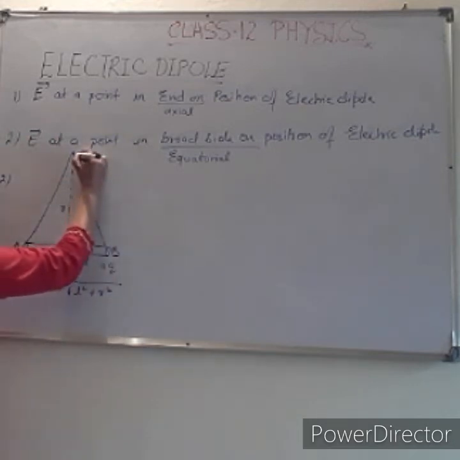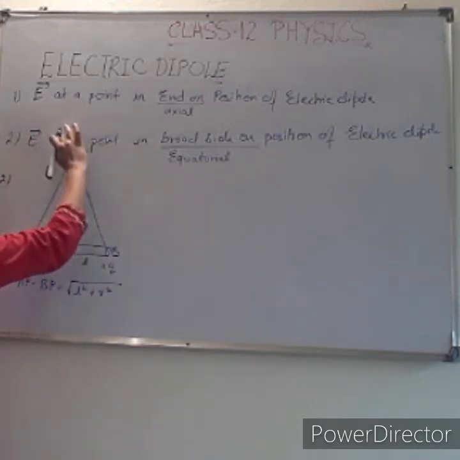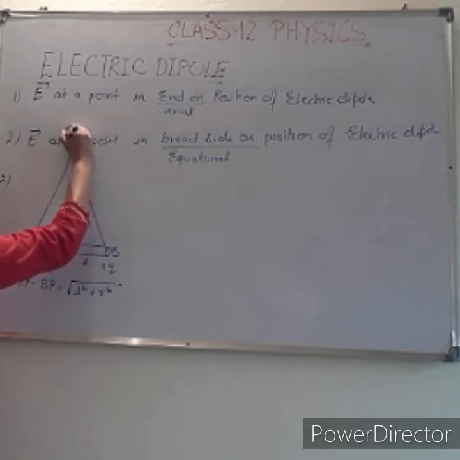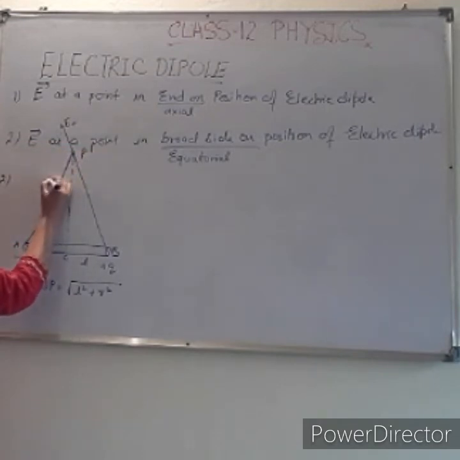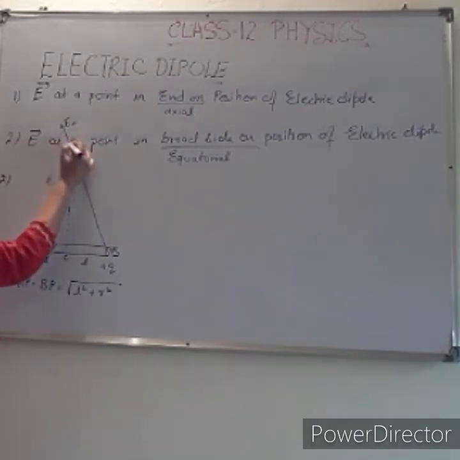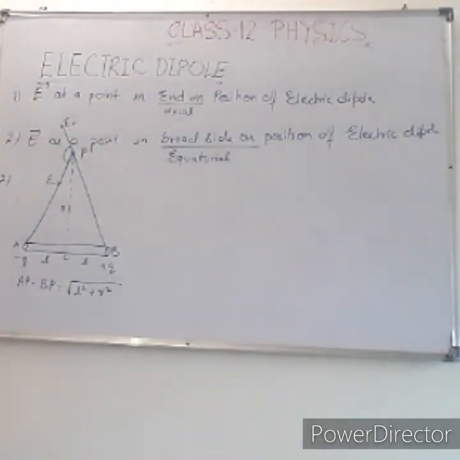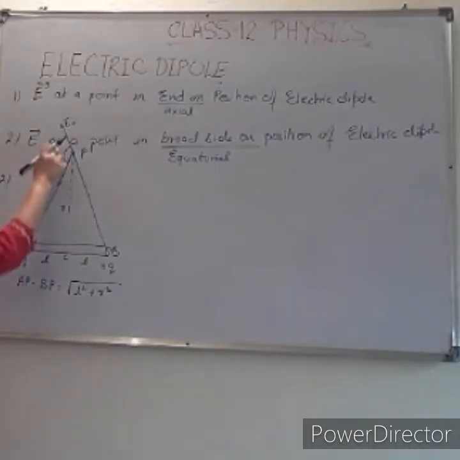So due to plus Q charge, the electric field is outward along with the line, E plus, and due to minus Q charge, the electric field is towards the charge. This is E minus. So net electric field, this angle is what? First of all, it is an equilateral triangle. Both the sides are equal. AP is equal to BP. So this is an equilateral triangle.